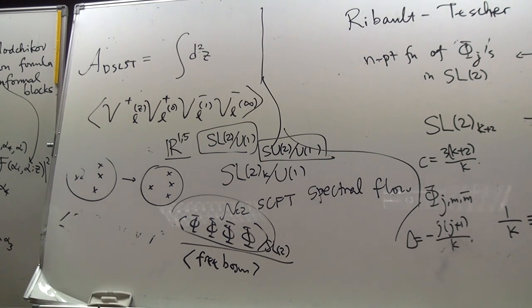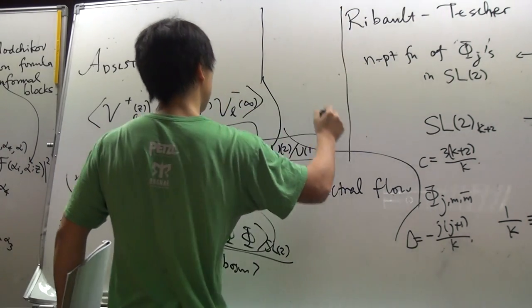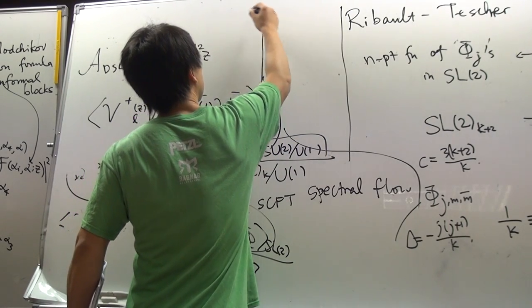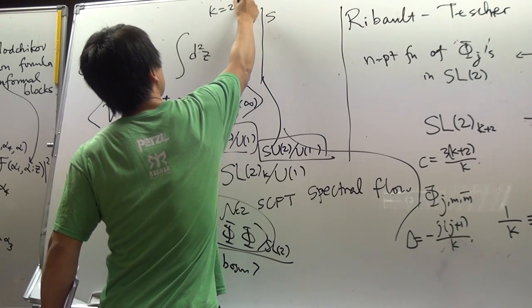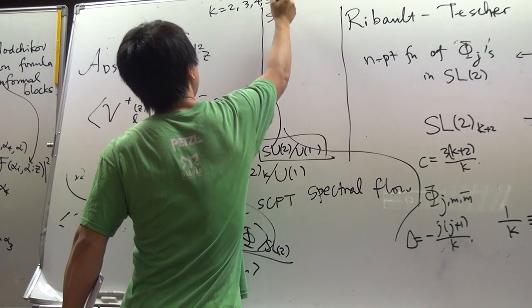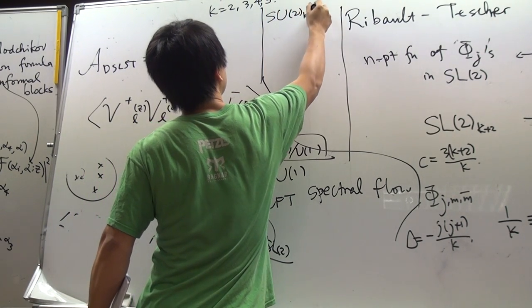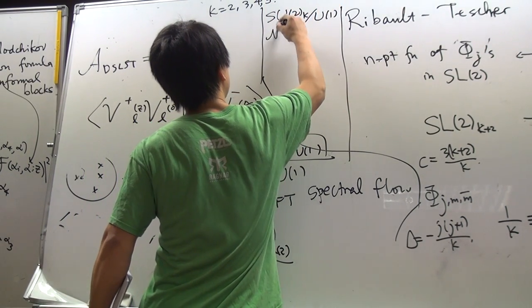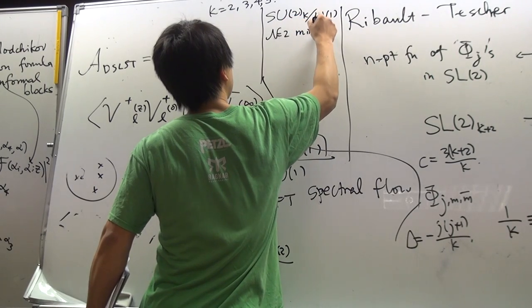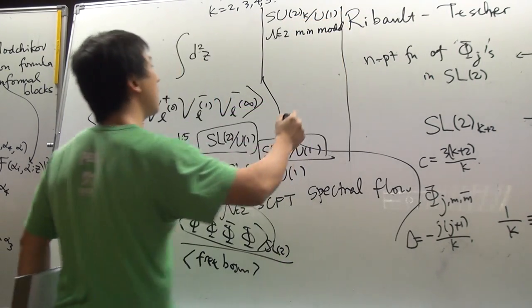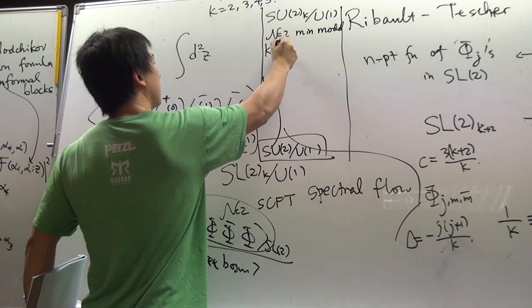We did this computation explicitly in the cases k equals 2, 3, 4, and 5. The k equals 2 case actually is trivial.